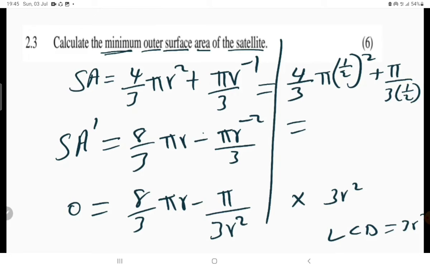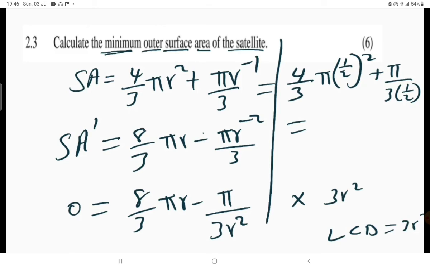Then we have 4 over 3 times pi times 1 over 2 all squared, plus pi over 3 times 1 over 2. So the answer is just what you call the answer here.